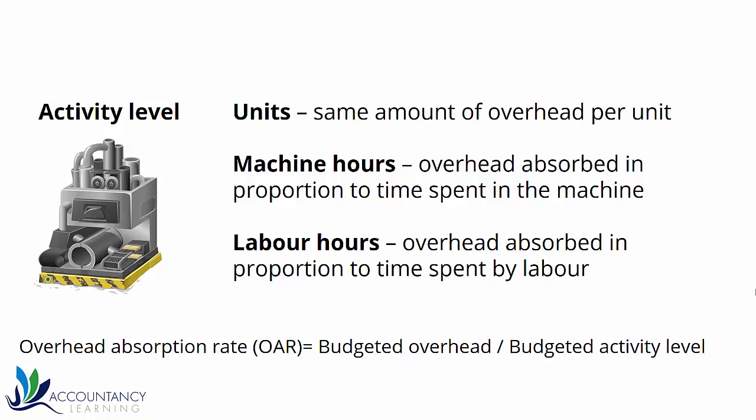And then when our product is in the machine for an hour, we would allocate 1 hour's worth of rent expense into that product, or whatever amount of time that the product is in the machine, or the amount of time that the product is being handled by our labour.